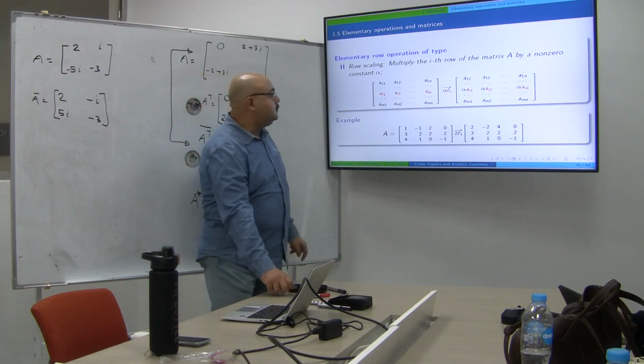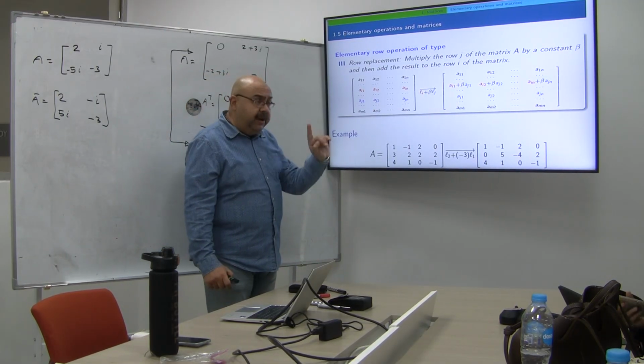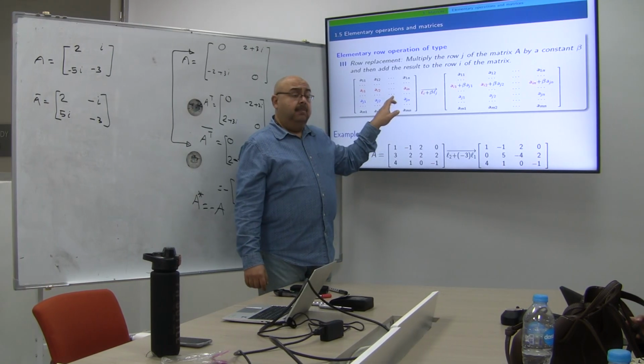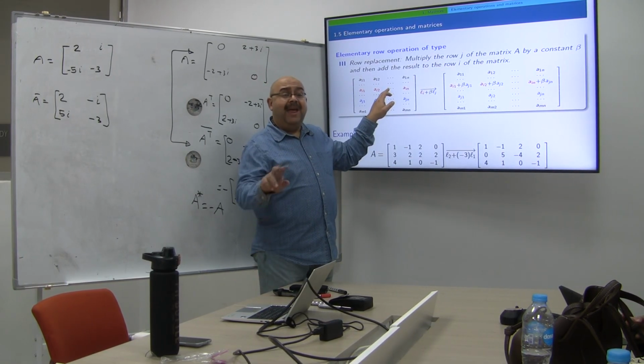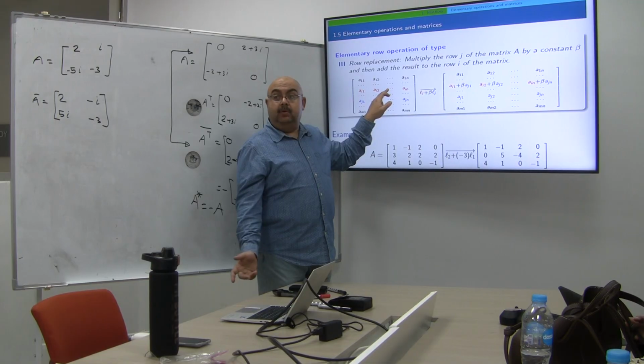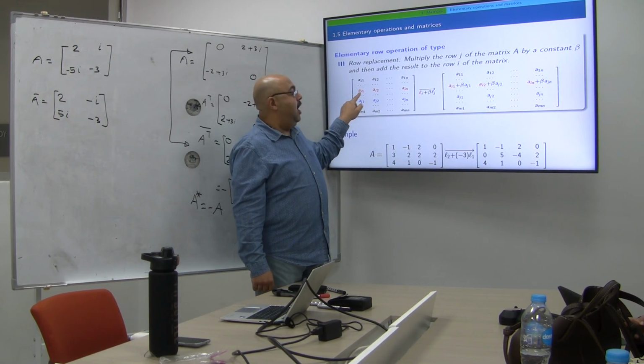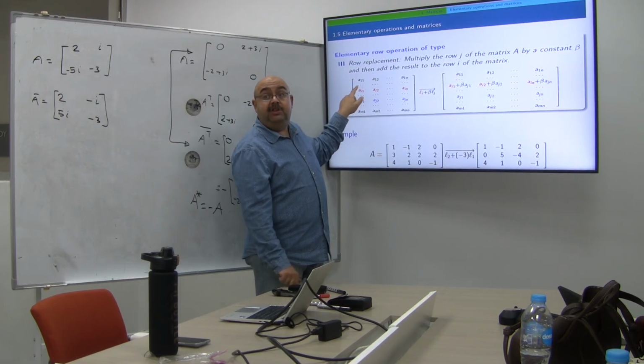Okay? The third operation is to choose one of the rows, multiply it by a constant, then add the result to another row. Let's see. I have row I and row J, the ith row and the jth row. Look carefully.